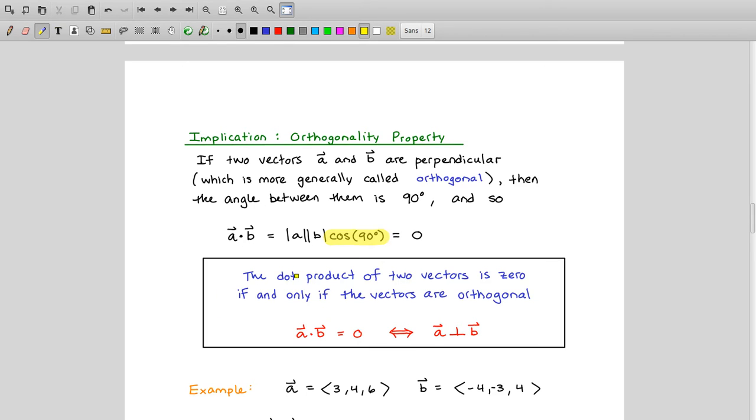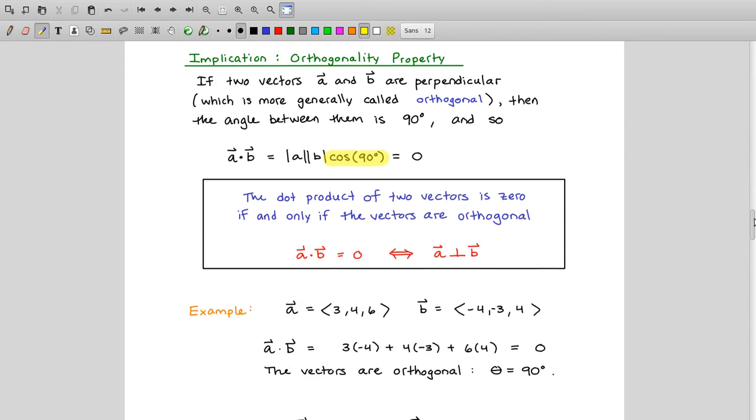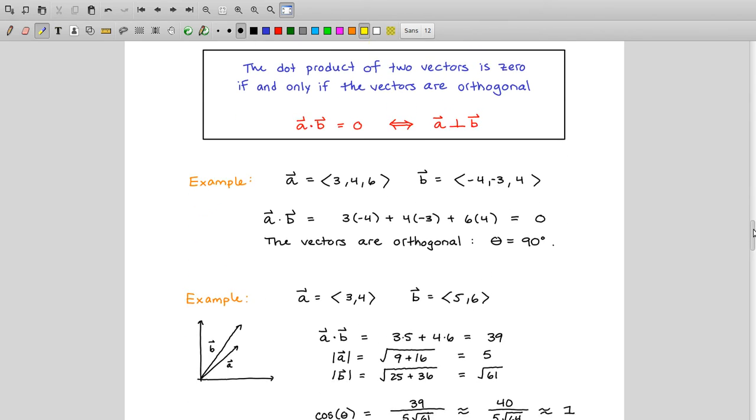So this really common property: the dot product of two vectors is 0 if and only if the vectors are orthogonal. If you calculate the dot product and you get 0, then you know the vectors are orthogonal. Likewise, if you know they're orthogonal, you know their dot product is 0.